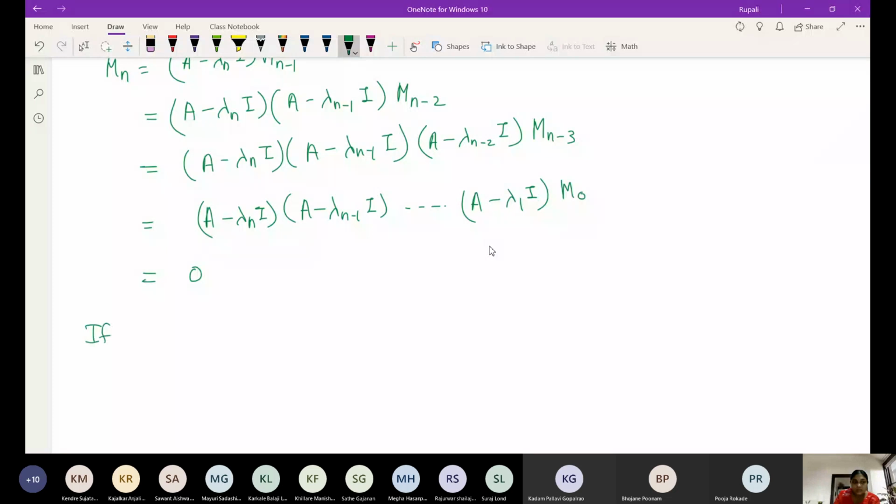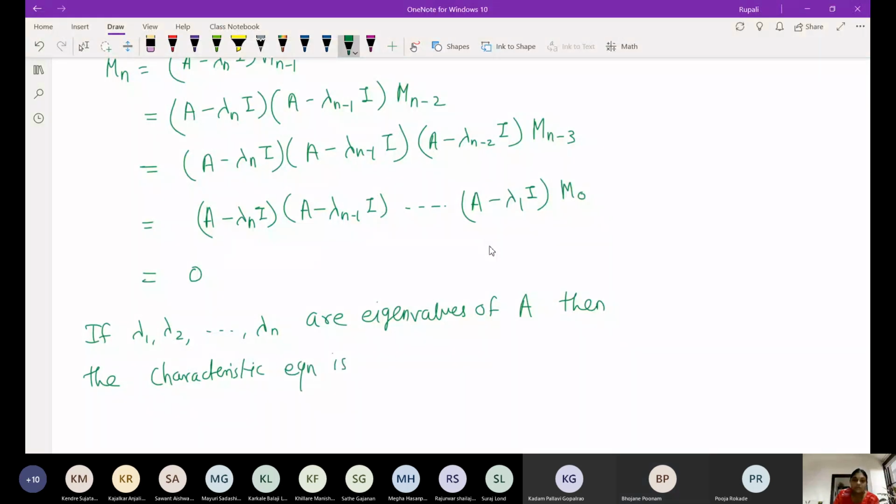If lambda 1, lambda 2, up to lambda n are eigenvalues of A, then the characteristic equation is (lambda minus lambda 1)(lambda minus lambda 2) up to (lambda minus lambda n) equals 0, since these are the roots.